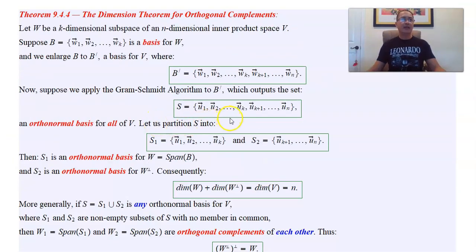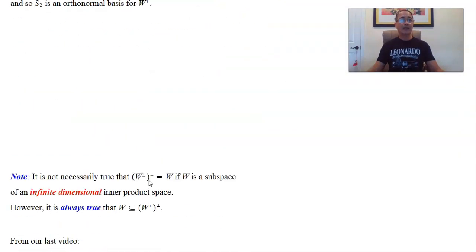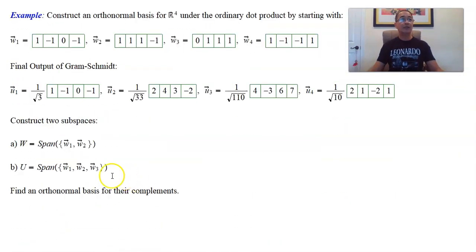The theorem said, if you have already made this basis for the ambient space, in our case it's R4, and you partition into these two sets, then the first is an orthonormal basis for the subspace W. The second is an orthonormal basis for the orthogonal complement. So we can apply that idea to these two subspaces, one at a time, of course.